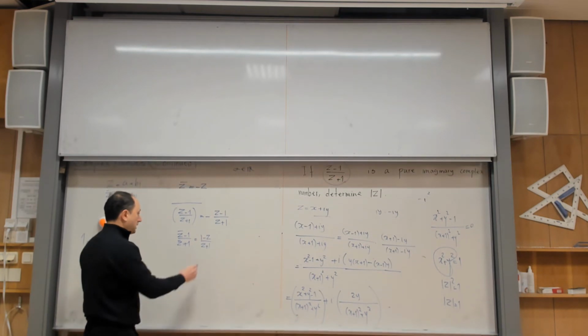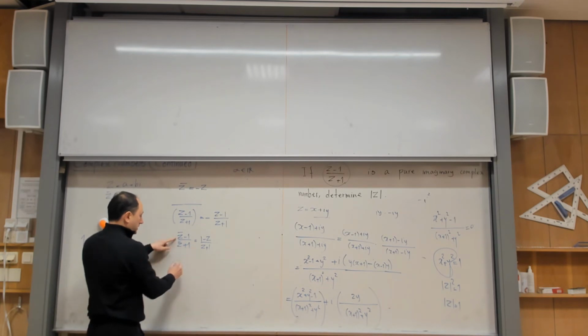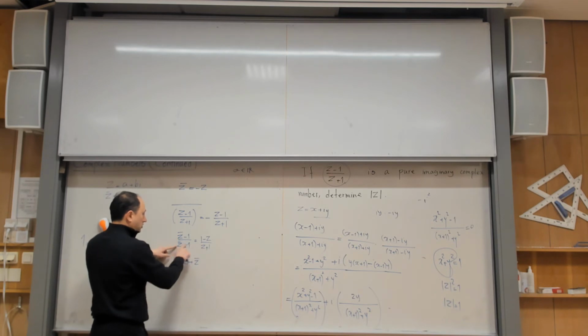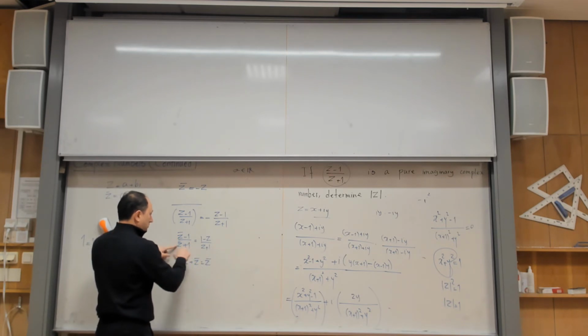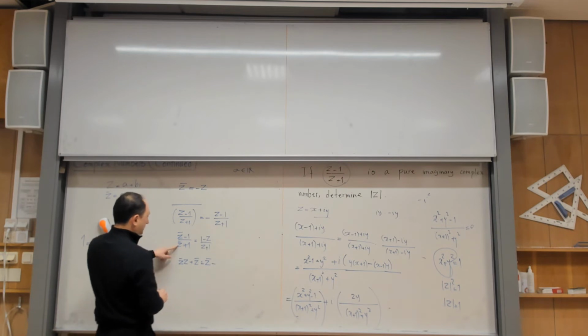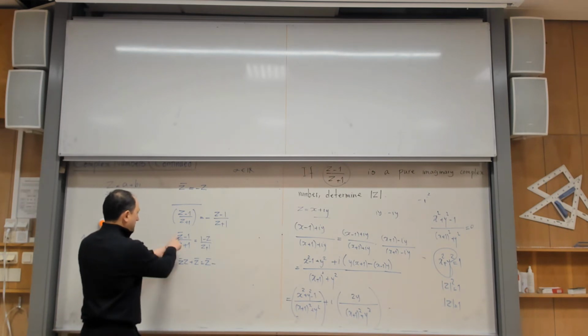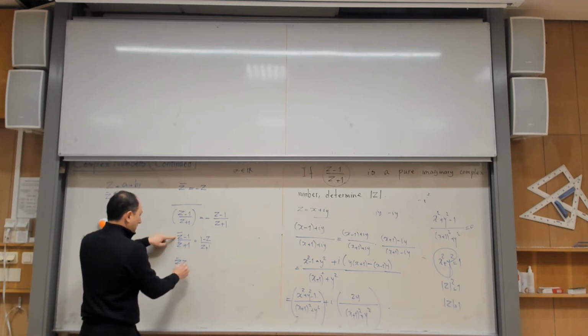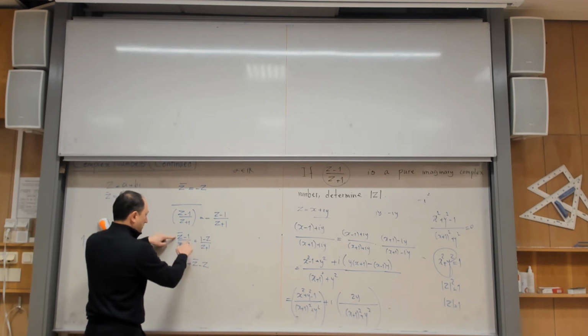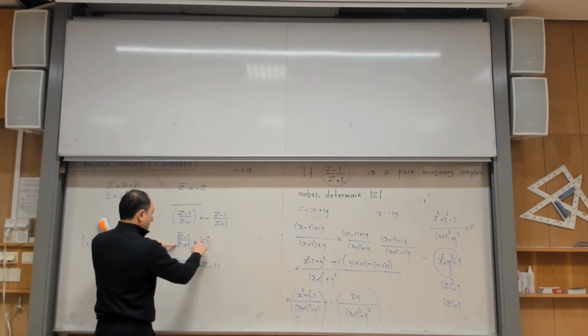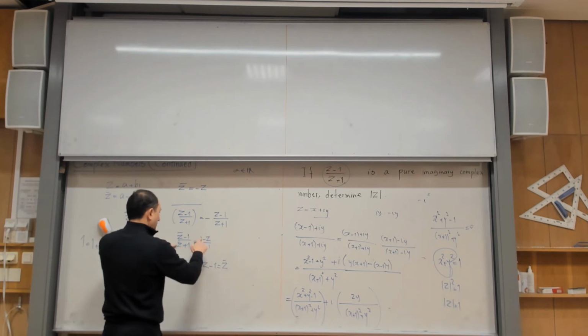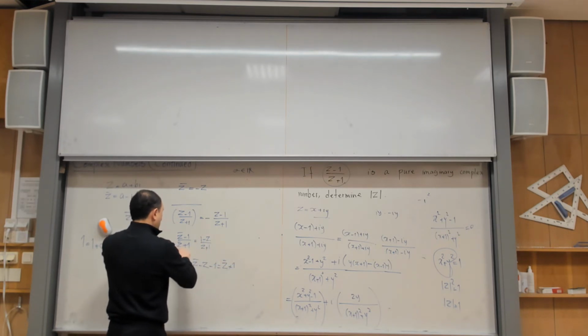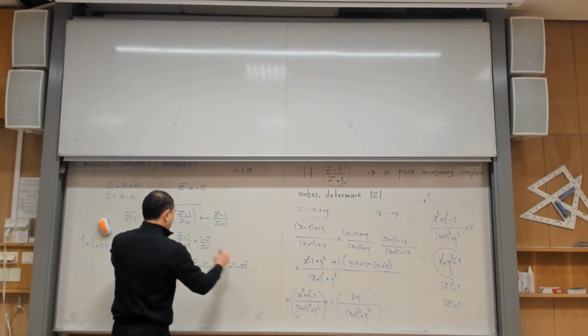So let us see what happens. z bar times z, z bar times 1, minus 1 times z, minus 1 times 1. On the right-hand side, 1 times z bar, 1 times 1, and then minus z bar, and then minus z.